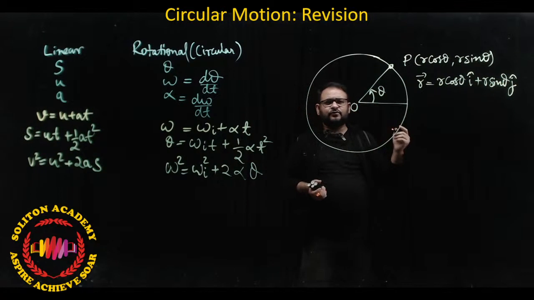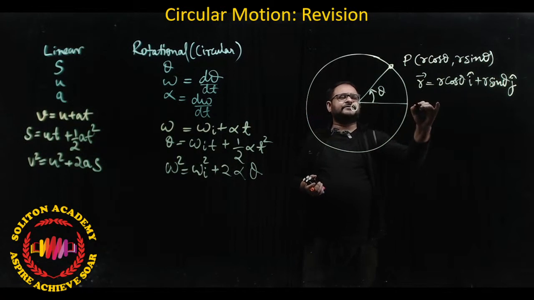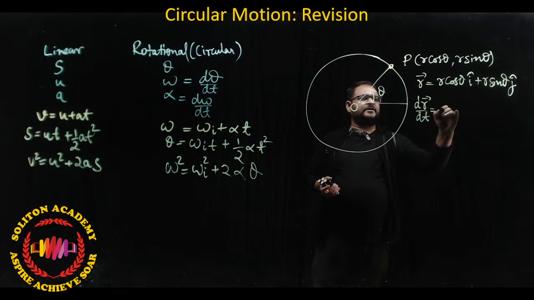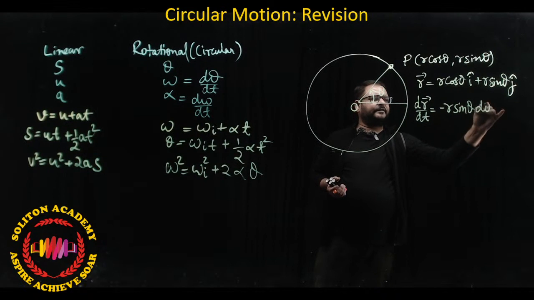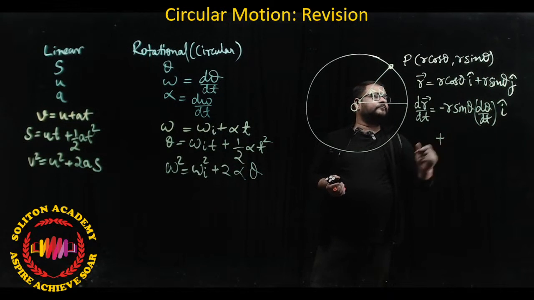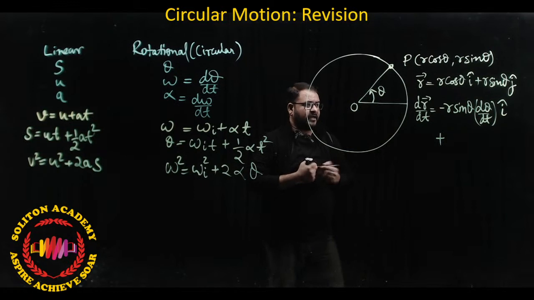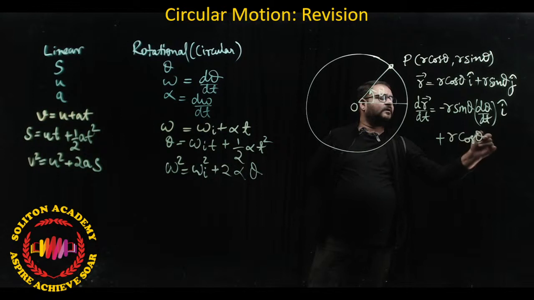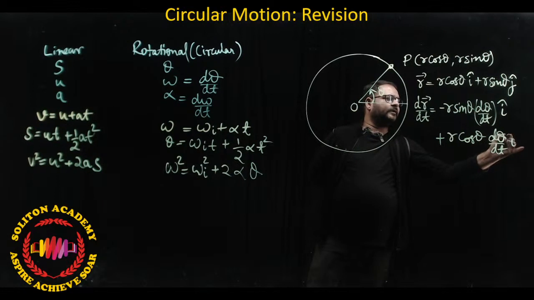Right, if I ask you what is the velocity at any given instant, you will do dr by dt, and then you can easily see this will become minus r sin theta d theta by dt i cap, right, and then r cos theta d theta by dt j cap.